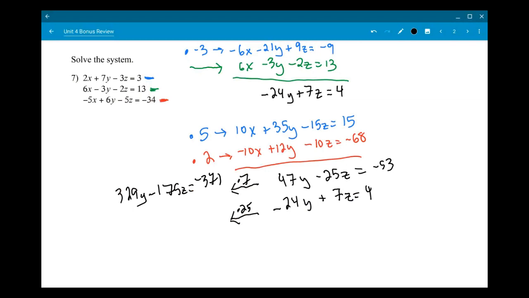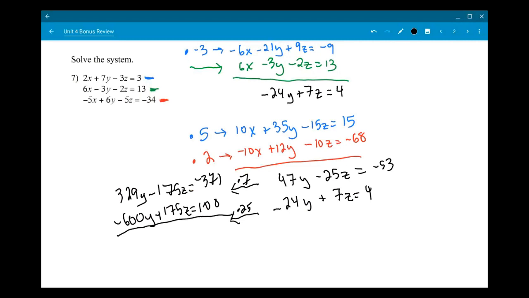Then we're multiplying by 25. So 24 times 25 is 600, but that'll be a negative 600. And then 7 times 25, we know from above, is 175. Oh, I'm sorry, plus 175. We're getting opposites there. And then 25 times 4 is 100.